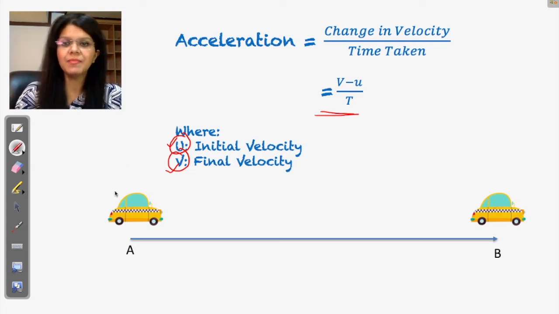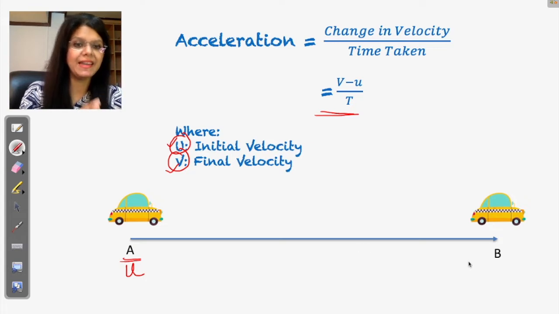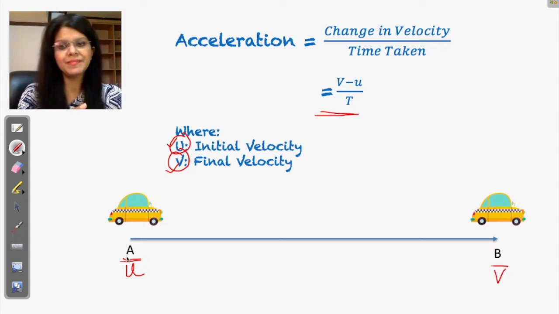So where was the car before and where was the car later? The car before was at point A. Initially it was at point A, and later, finally, the car was at point B. Therefore, earlier, before, it was at A, so the speed at point A is the initial velocity and it is denoted by u.